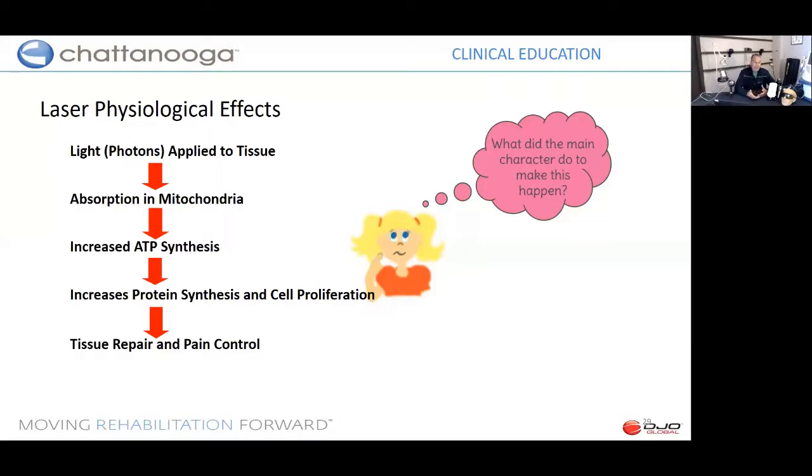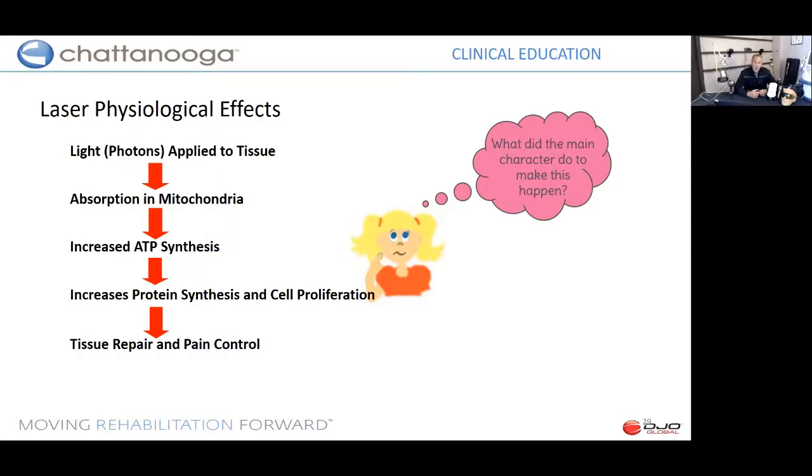So in the case of laser, what's cool is that within that specific wavelength we're talking about, in instances it actually makes its way all the way into the cell, right? So it's almost like a steroid hormone, because it can go to specific organelles inside, rather than just telling something what to do. Which is also why we get multiple things going on, like protein synthesis, cellular proliferation, eventual tissue repair, and pain control.